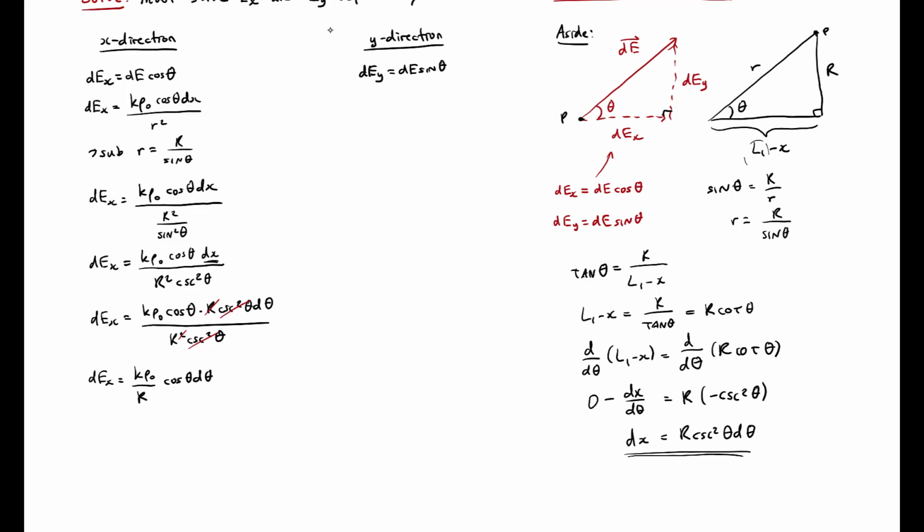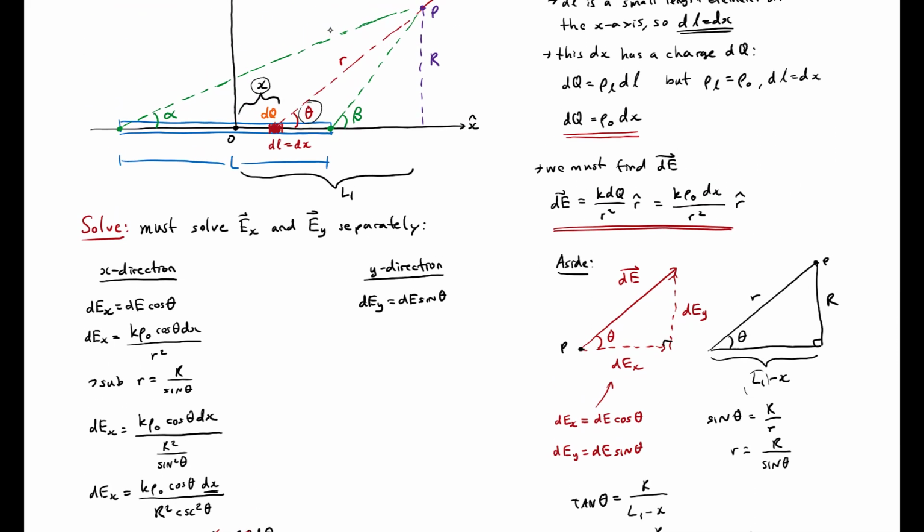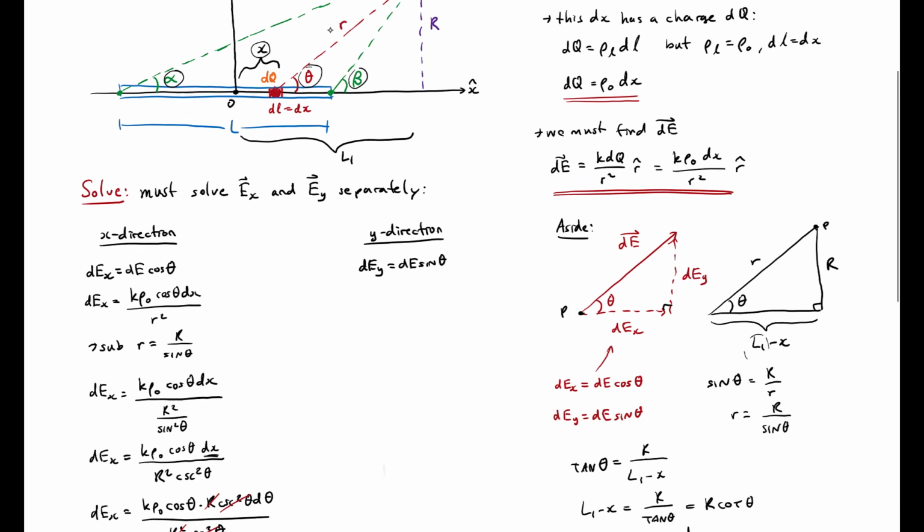And now when I integrate, it's a lot easier. I can calculate Ex, and that's the integral of cos theta d theta. And the thing is, I do have an angle, and if I take a look up here, this angle theta is simply beta and alpha at different points in space. So at the beginning of this rod, it has an angle of alpha, and at the end of this rod, it has an angle of beta.